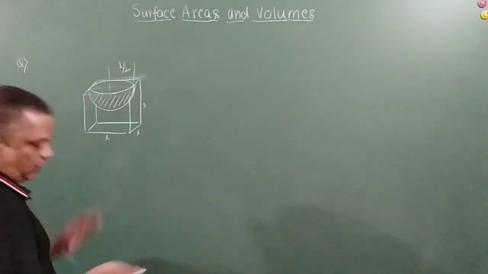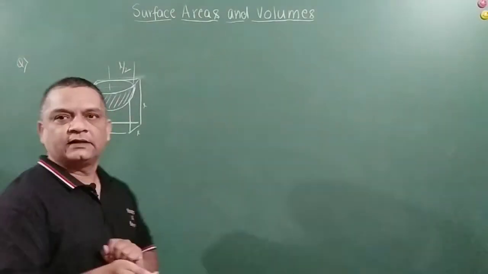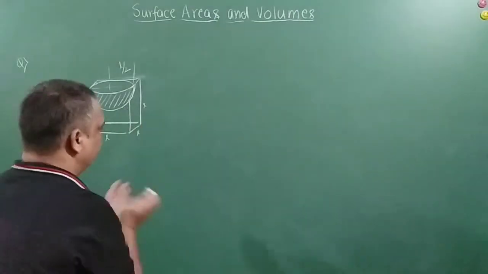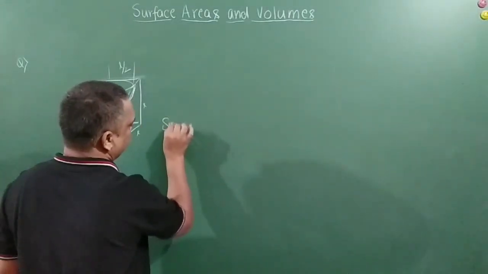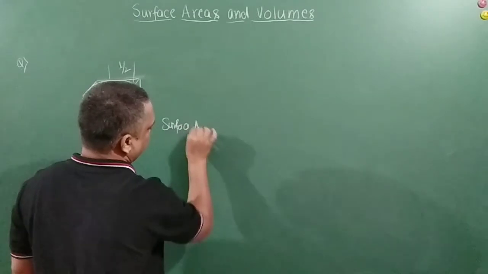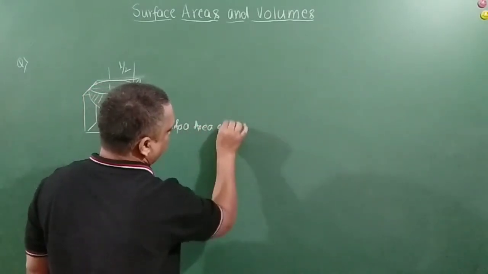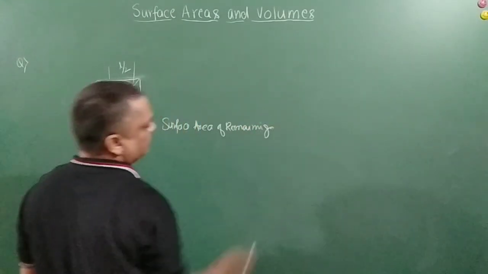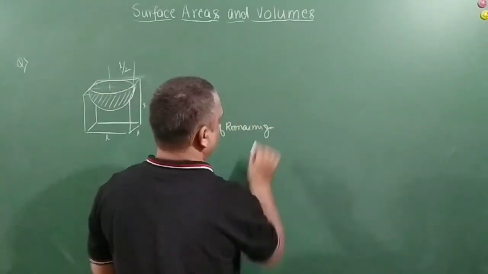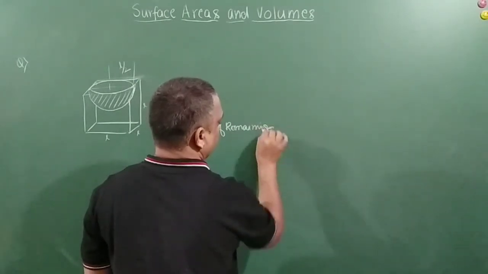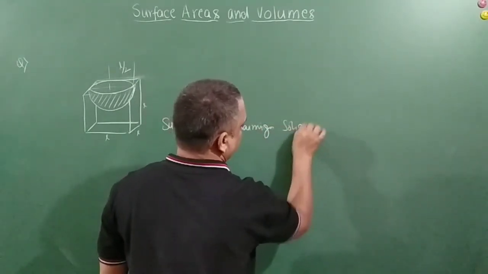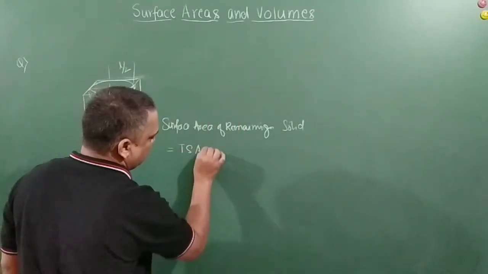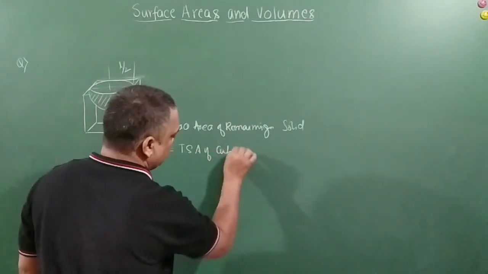Right, friends? So now, friends, what we will do is that we will find the total surface area of this cube. Okay, so surface area of remaining solid will be equal to TSA of cube.